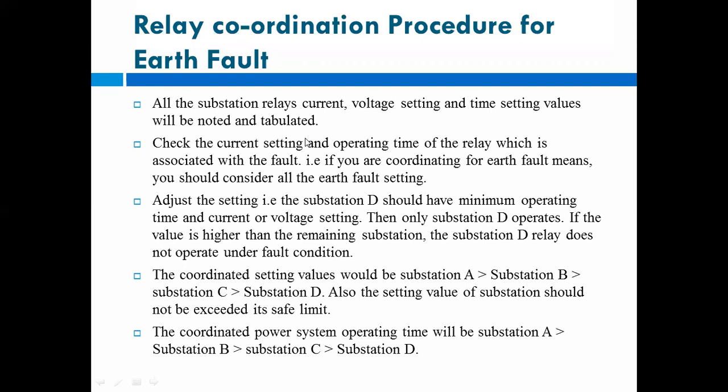So if you put a higher value of current, or more value of time or voltage, then that relay will operate at that value only. So as substation D is at a longer distance than the generating station, you should set the minimum time, current and voltage for that substation, so that it will operate immediately or within minimum time.